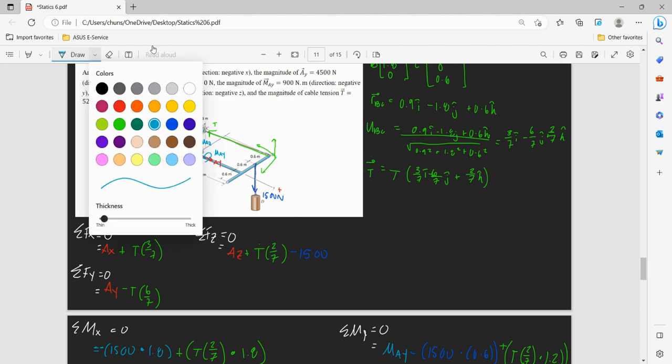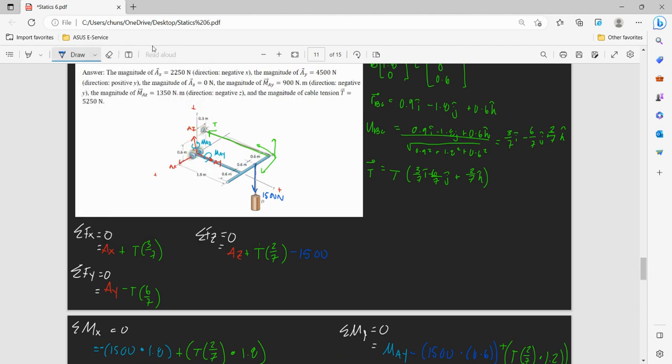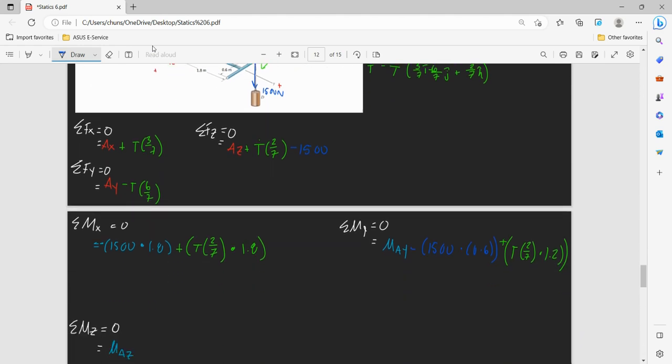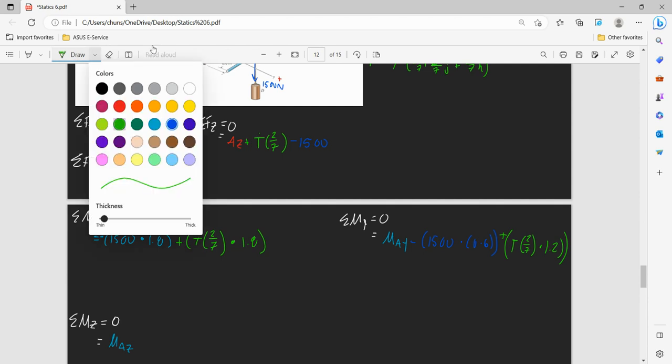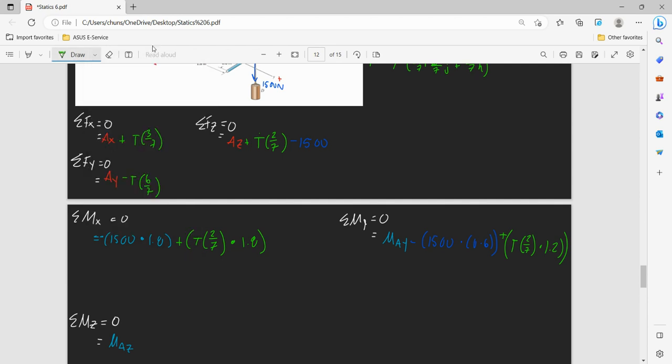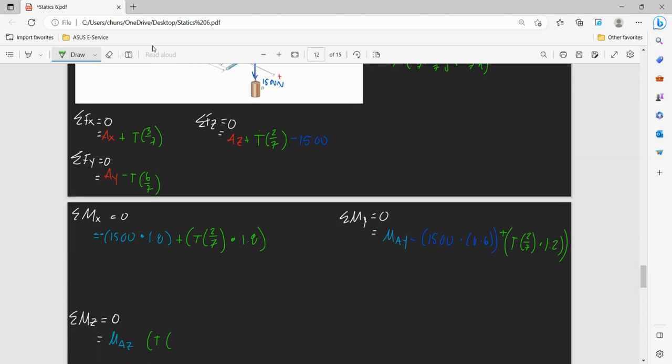All right, and we can't use our weight, we can't use our z component for T, and we can't use our z component for A either, because they are all parallel to our z axis. So we can use both of our components for T, for our x and our y directions. So that leaves us with T 3 over 7. This is our x component.